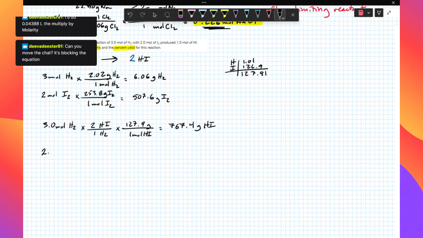So let's check out our iodine. For every mole of iodine, we get 2 moles of hydrogen iodide.